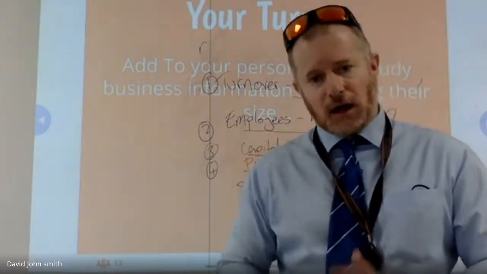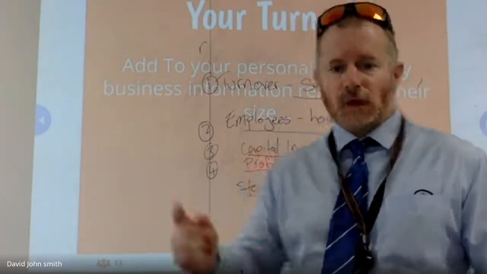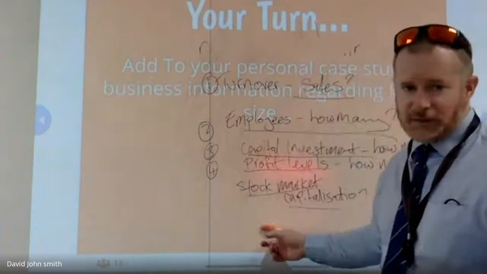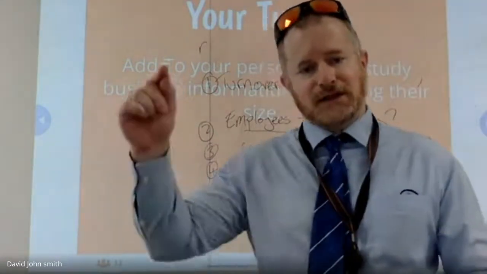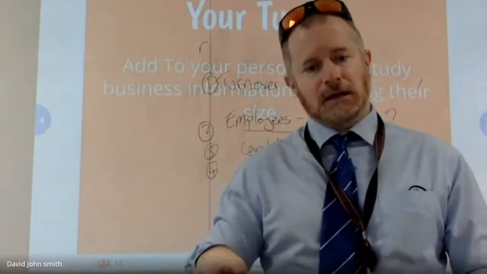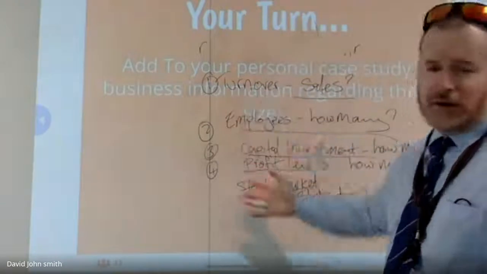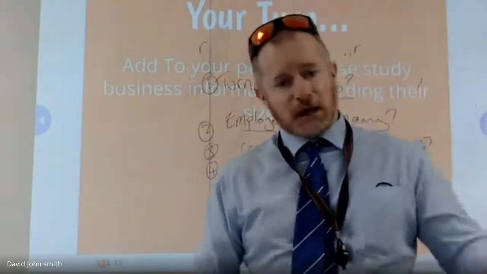So here's what I'd like you to do: go back into your case studies, do some research about this, and see if you can find out these statistics. You might need to unsubmit your case study. Then you're going to add any and all information you can find out about size. And you might like to make a comment about the size.